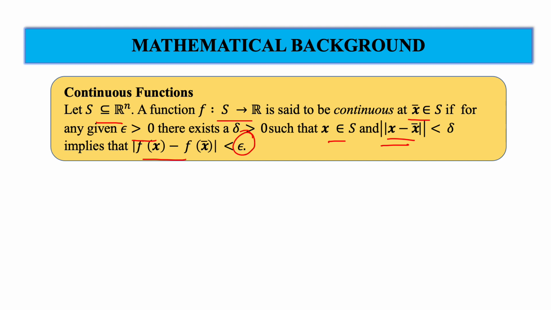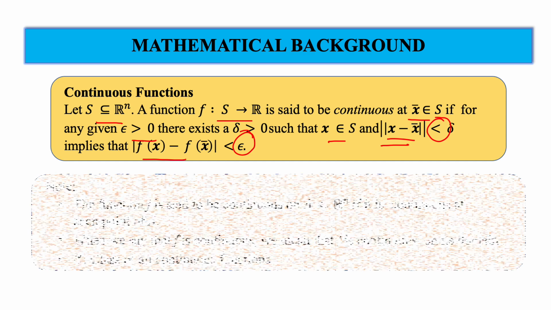So for any epsilon there exists some delta such that the distance between x and x bar being less than delta implies that the difference between function values is at most epsilon.